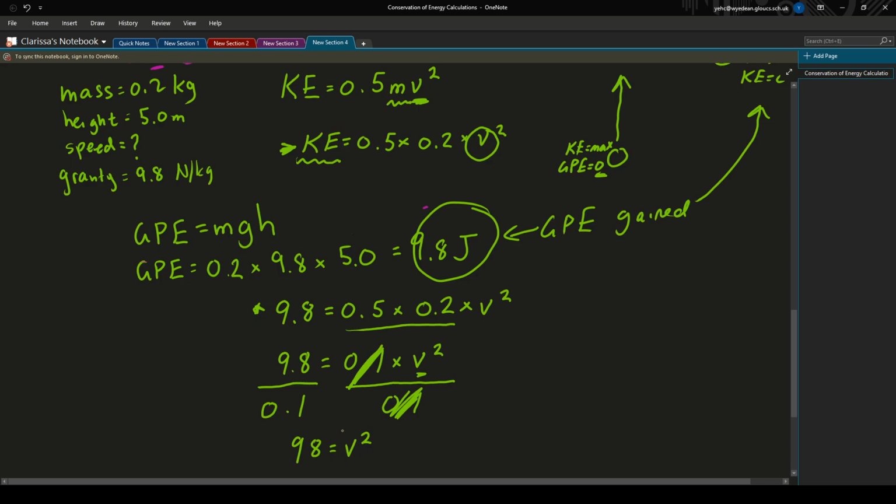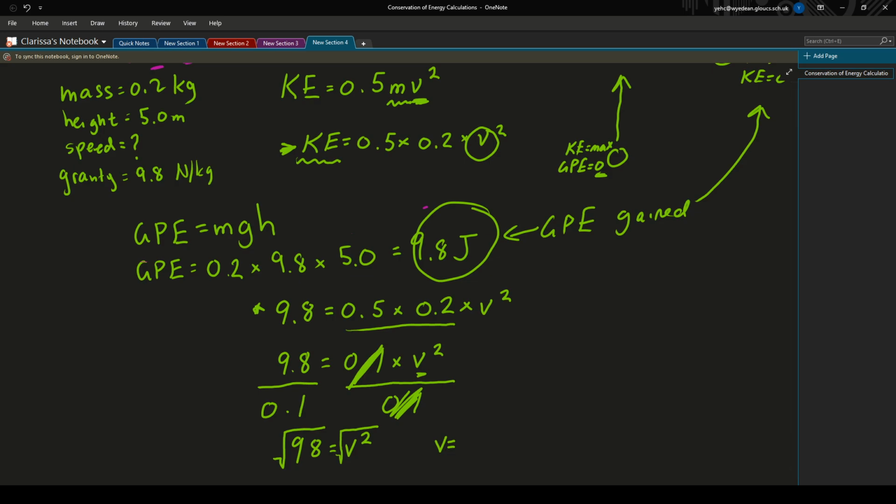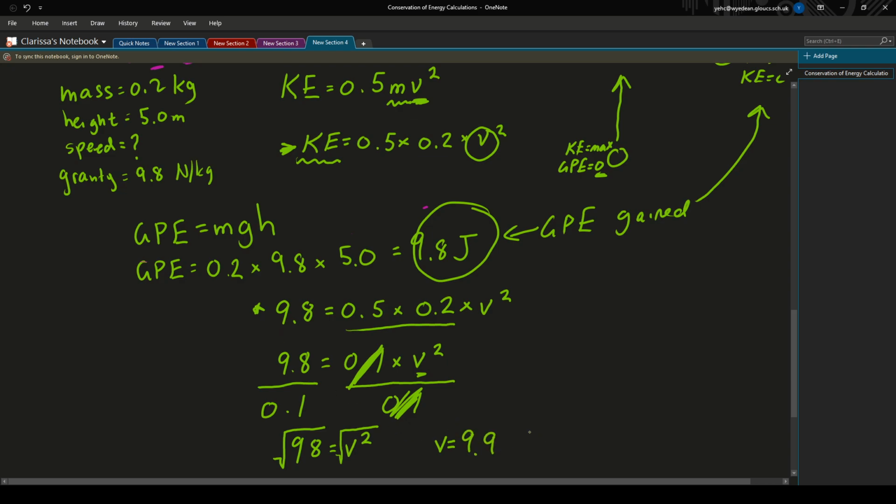So if I square root both sides, then I should be left with just plain old v. 98 square root, just sticking that into the calculator. That should be 9.9 if I round it. And then that's a speed, so that's measured in meters per second.